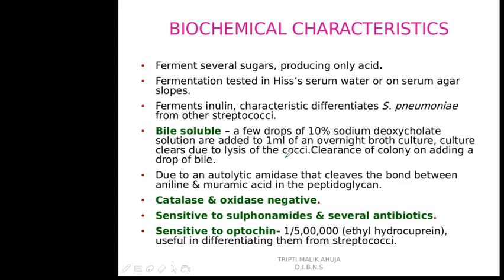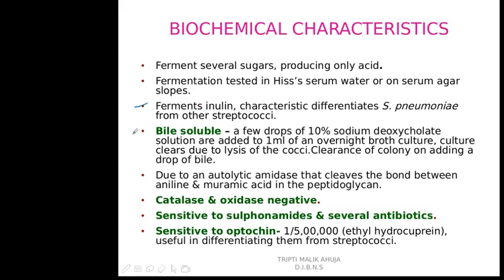In the case of biochemical characteristics, the organism can ferment a number of sugars producing only acid. Fermentation is carried out in serum water. The characteristic fermentation is the fermentation of inulin.